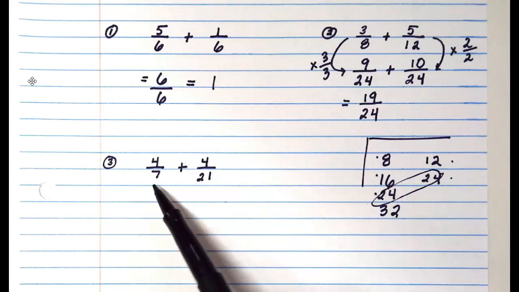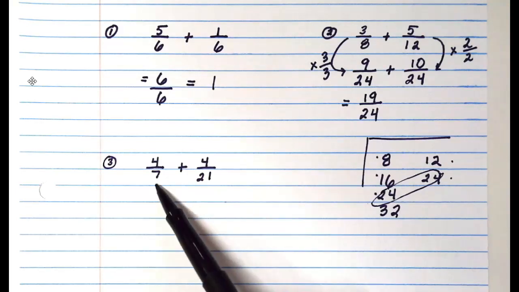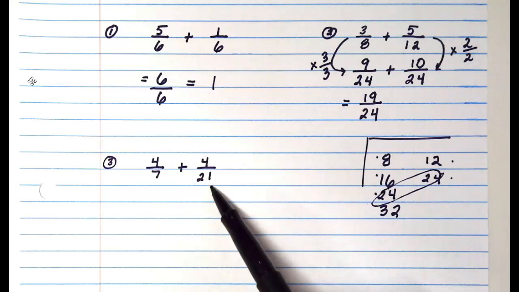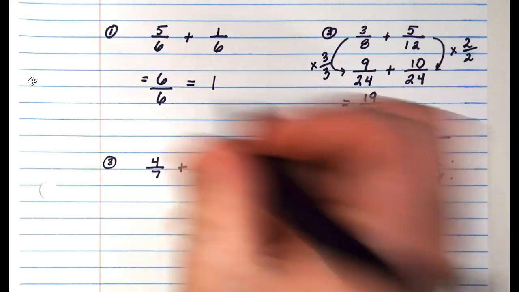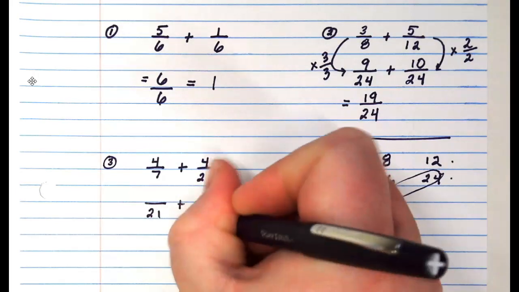Now, I'm hoping that you can look at 7 and think to yourself, well, I know that 7 goes into 21 perfectly. It goes into it perfectly 3 times. So if the smaller number goes perfectly into the bigger number out of the two denominators, then just use the bigger number as your denominator. So we're going to make this 21 and 21.